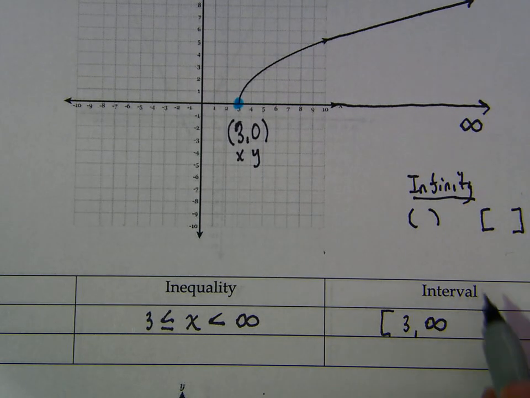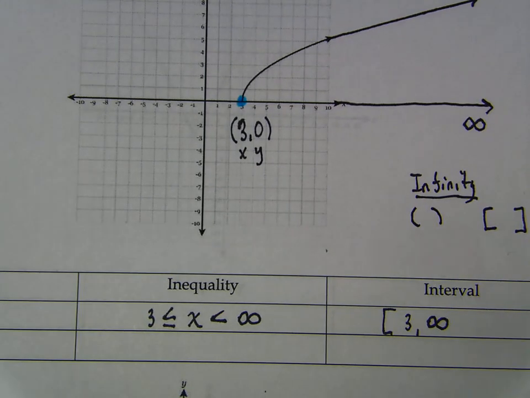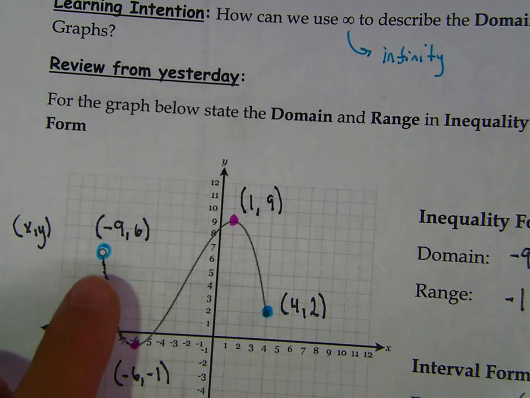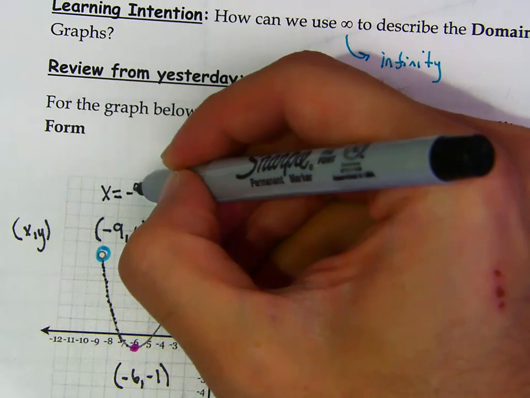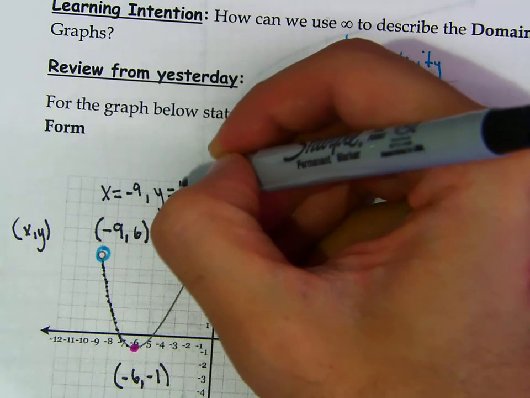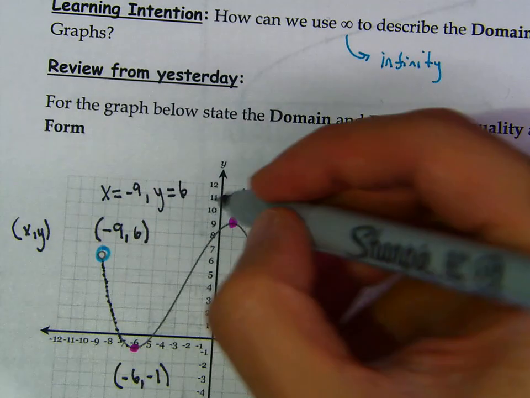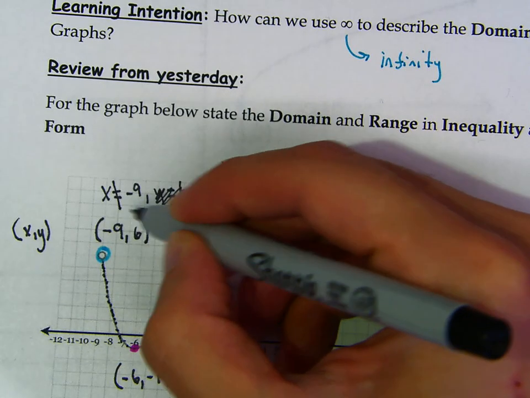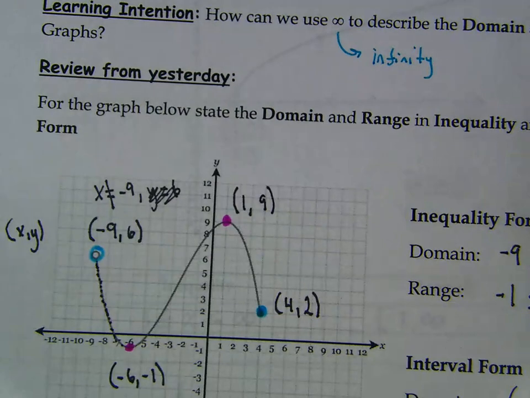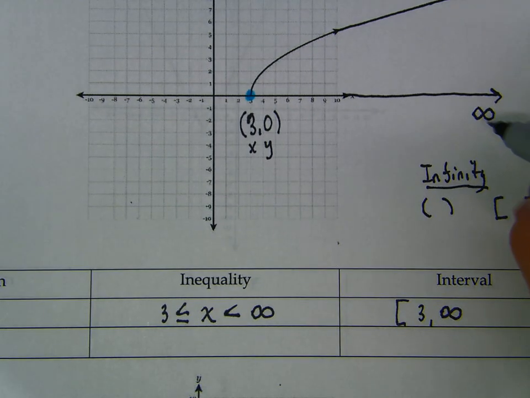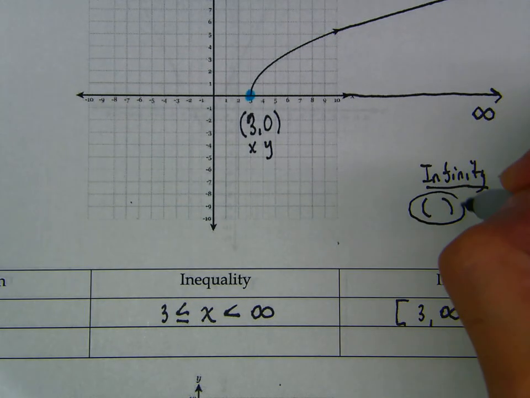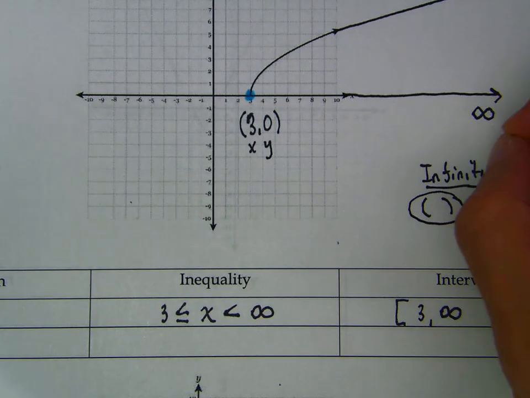Right? You see, when you show something with parentheses, like this value over here, you remember when we had this point? You see how can x be -9? Can y be +6 over here, right? X cannot be -9 because you don't have it, right? Because it's an open circle. And infinity will imply that same idea that you cannot grab onto it.